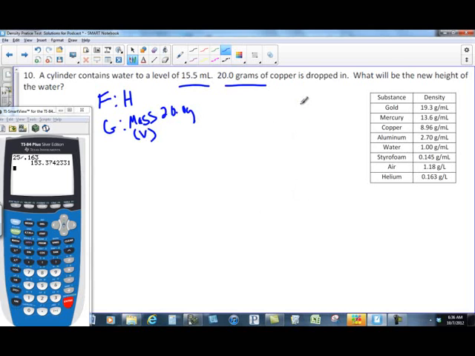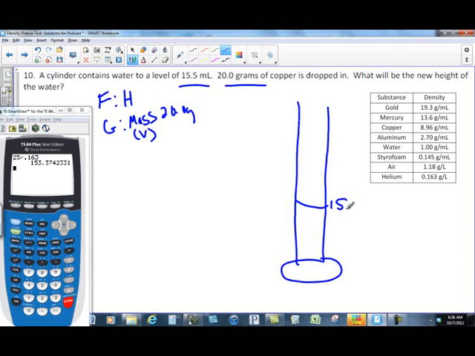So we got to get clear about what we're doing here. So let's draw a picture again. So I have this graduated cylinder, and I start off with my water level at 15.5 milliliters. That's my water, right? And then I drop in 20 grams of copper, and the question is, what is this?